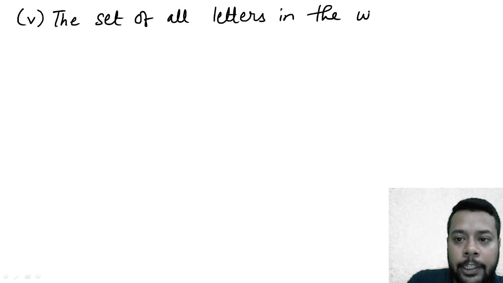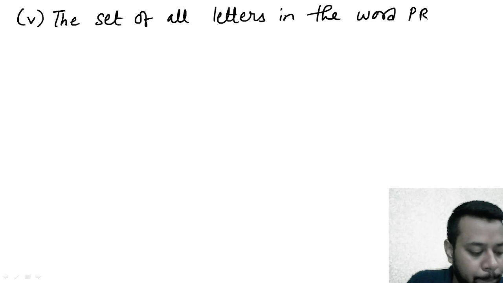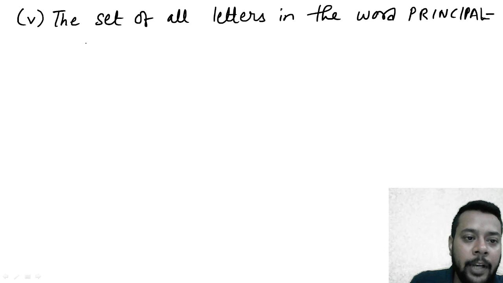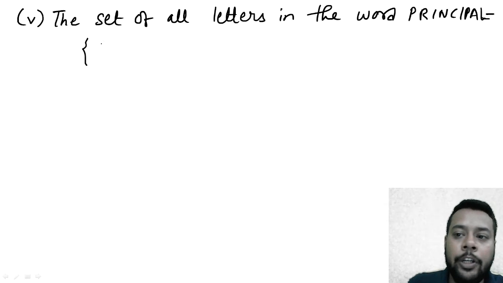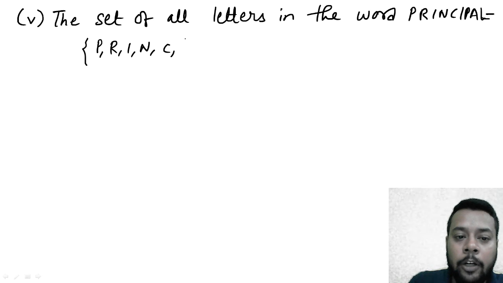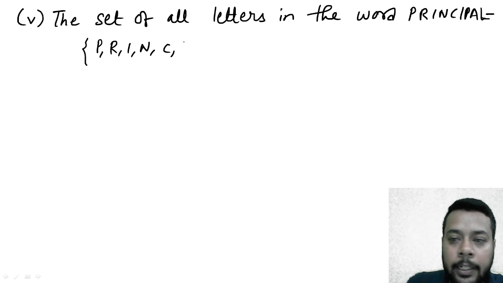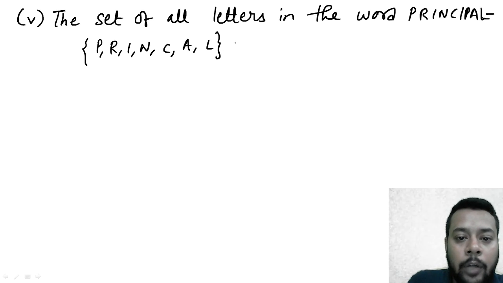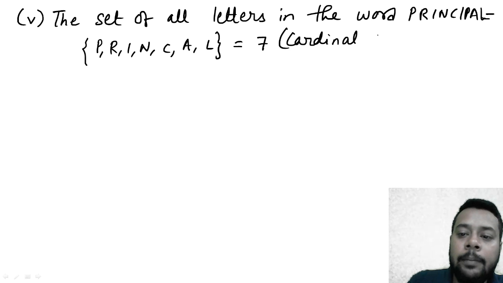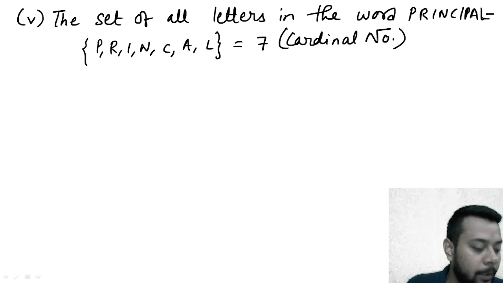If I write the set for this question in roster form, it will be P, R, I, N, C. I cannot be written again, P cannot be written again. Then A and L. So how many different elements can we see here? 7. So 7 will be our cardinal number here.